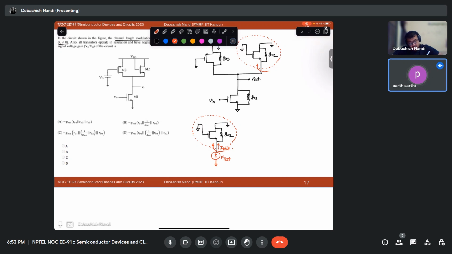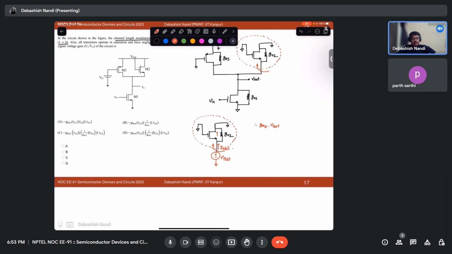If you apply a V test, what will be the current through this? It will be GM2 times V test, right?